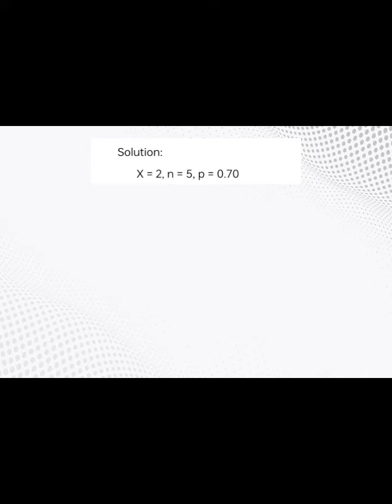And now we will be using the formula. P(x) equals nCx times p raised to x times q raised to n minus x. And now, let's substitute. After solving the problem, the final answer is 0.132.